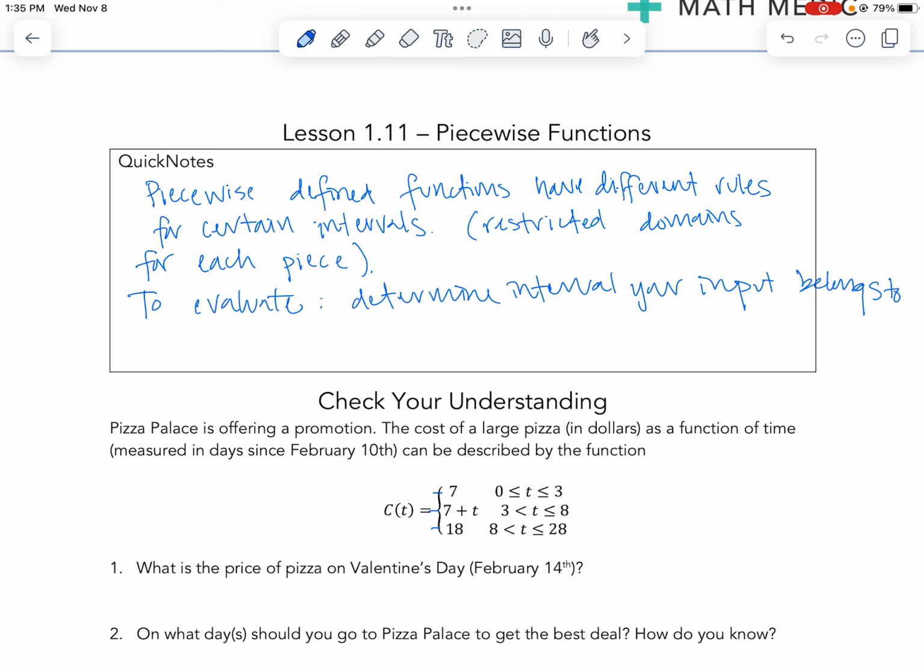And then we're going to plug the input into that equation only, into that piece only. We'll see how this works in just a moment.